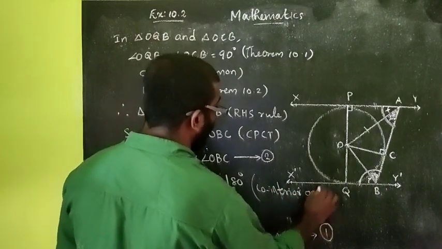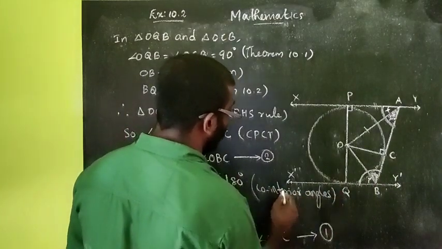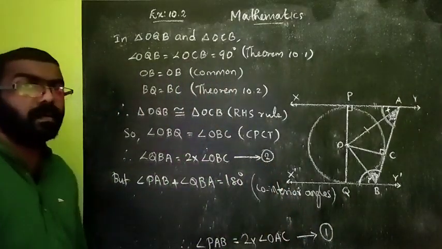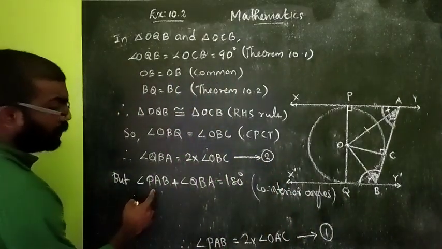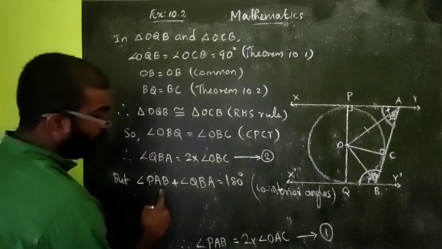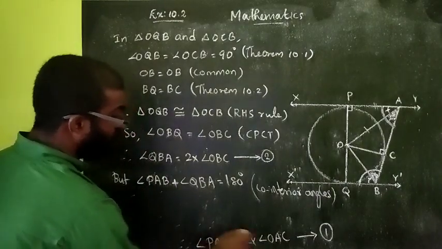Or you can write interior angles on the same side of the transversal. Now you can replace the values. Angle PAB will be equal to 2 times OAC.